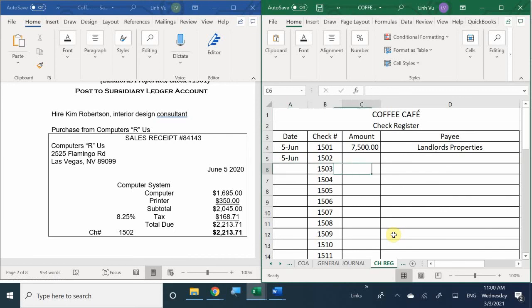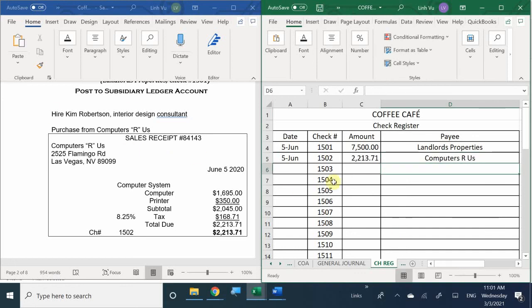June 5th. For what amount? 2,213.71. And who did I make this check payable to? Computers Are Us.